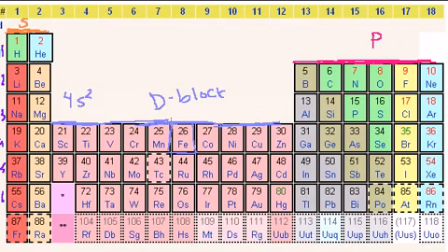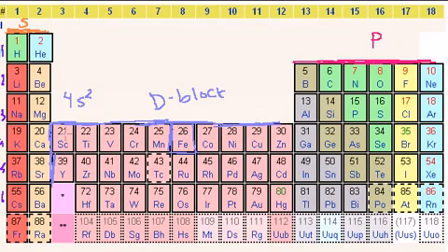It turns out, and this is kind of an artifact, and I'll do a more detailed video on this in the future, that it actually backfills the third energy shell, because all of a sudden the d orbitals can fit in the gaps of the third energy shell. So whatever period you're in for the d block, you go that period minus 1 to figure out what energy shell the d block is filling.